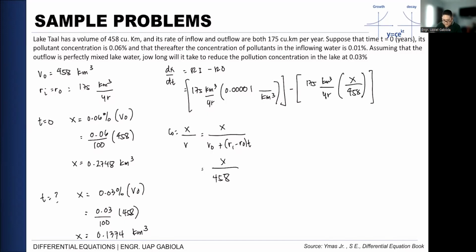Okay. So yung magiging unit natin dito is, since wala tayo dito, tawagin natin unit na lang. So unit per year. No? Yan yung unit natin na ulit. Okay, so yung formula natin is dx over dt is equals to 175 times 0.001.